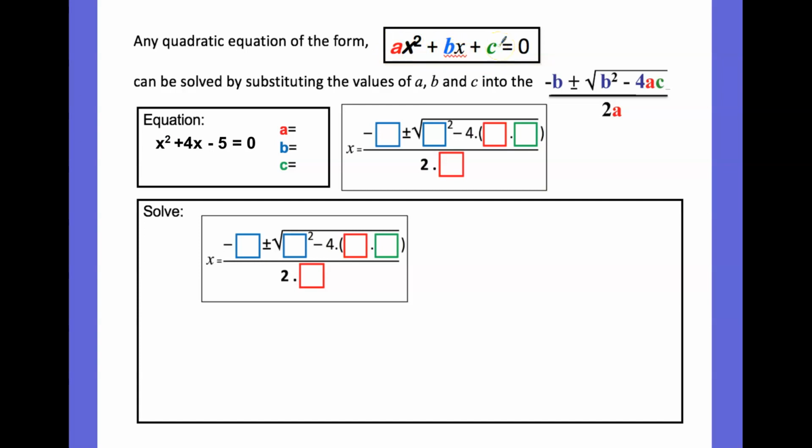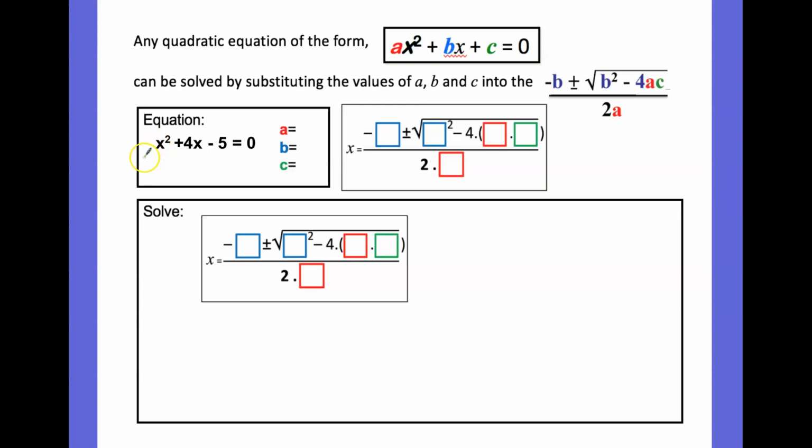In order to use the quadratic formula, your equation always needs to be equal to 0. So the first thing you need to do, if your equation is not equal to 0, is make it equal to 0. Then you will identify the values of a, b, and c.